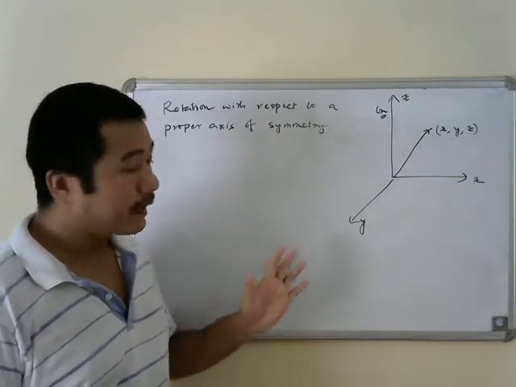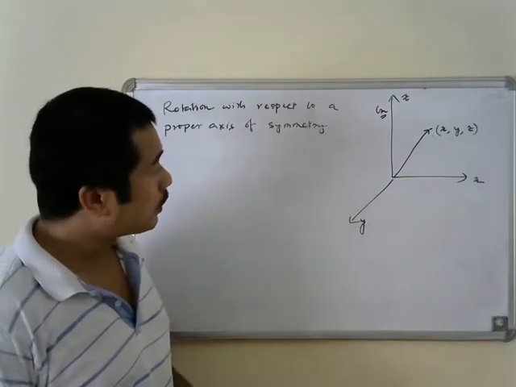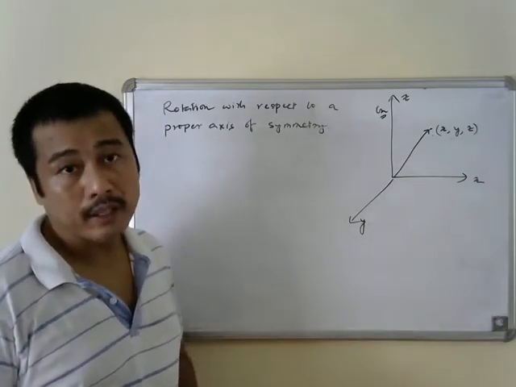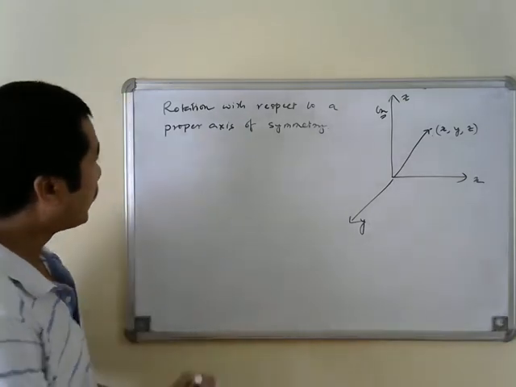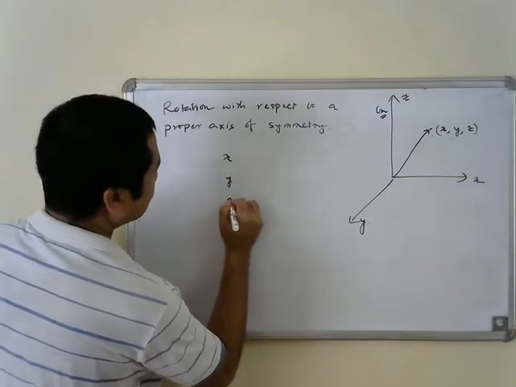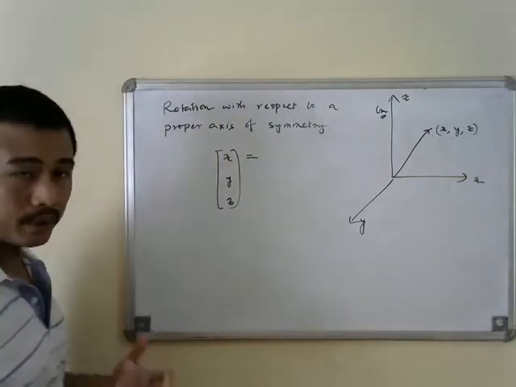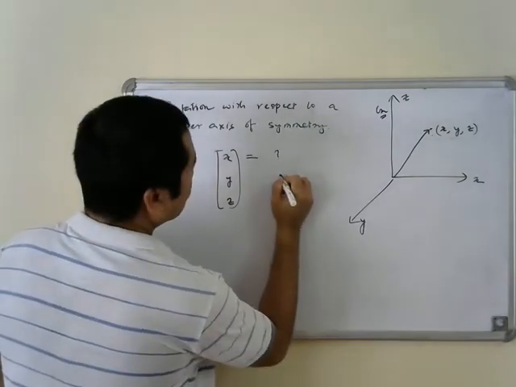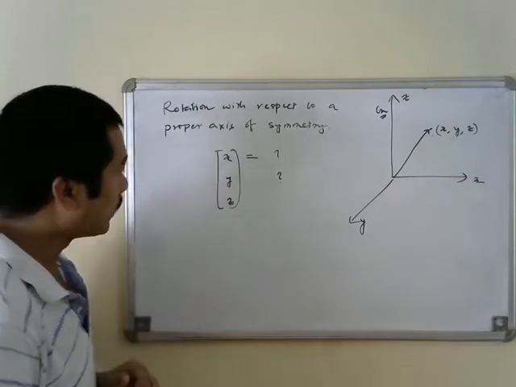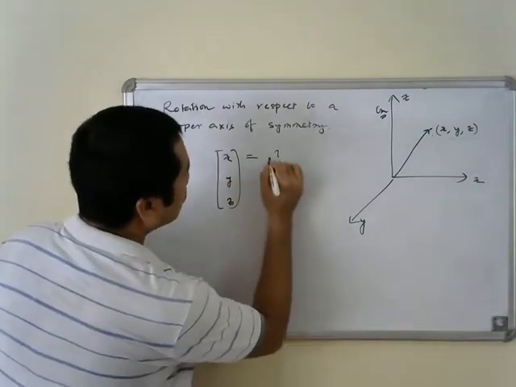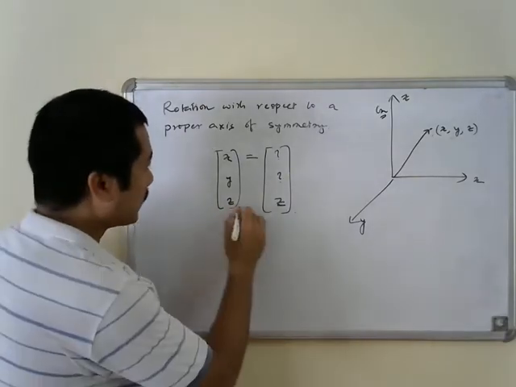The z coordinate is going to remain the same, and only the x and y coordinates are going to change. So when we do rotation by any angle theta, we do not know what happens to the x and y coordinates, but we know for sure that the z coordinate remains the same, z remains z.